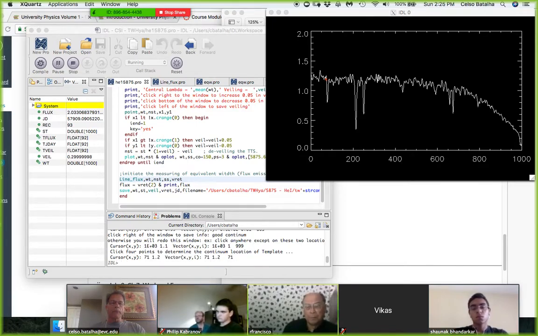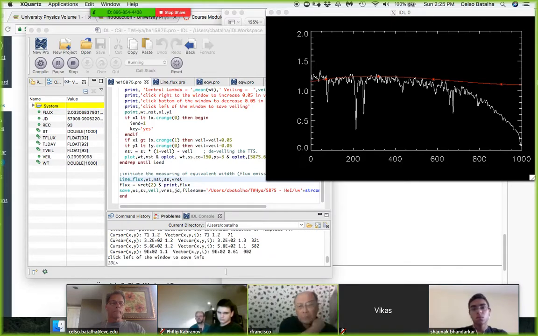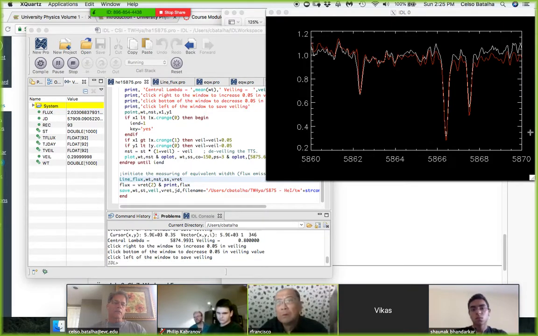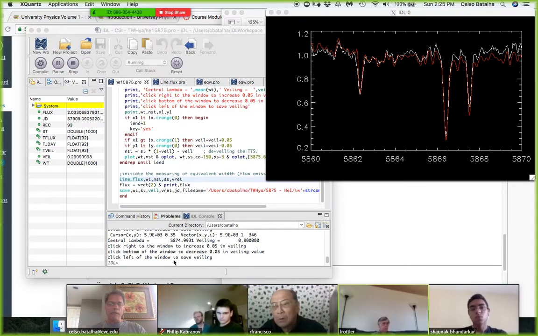And we do the template. So the automatic pipeline calculated 0.6. If I think this is not a good one, I could say, well, this is better, 0.8. And that's what's going to go to the process of flux calculating.